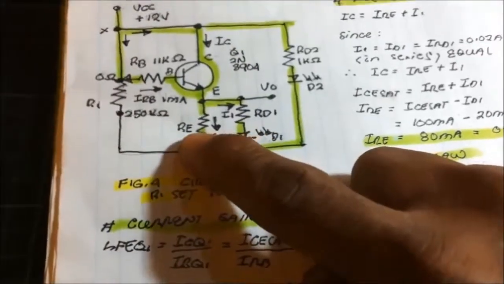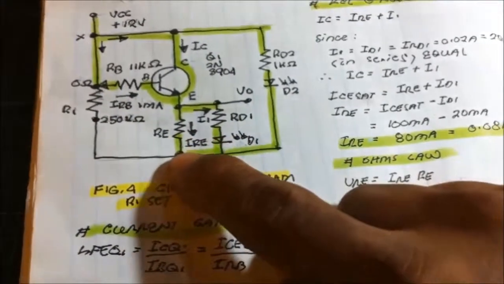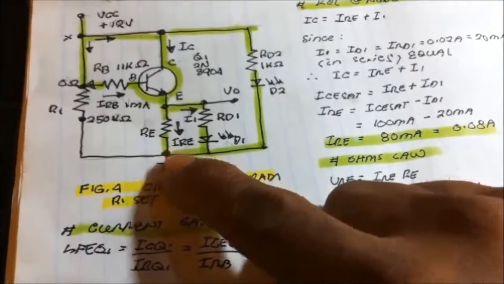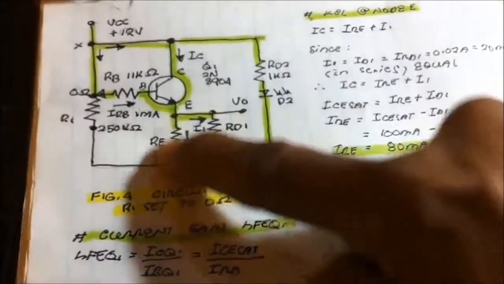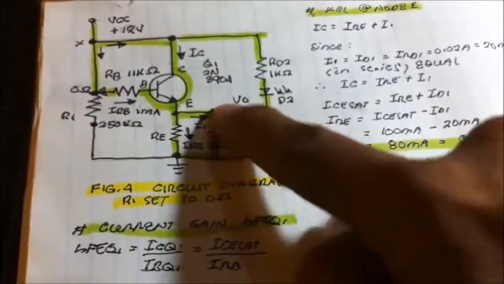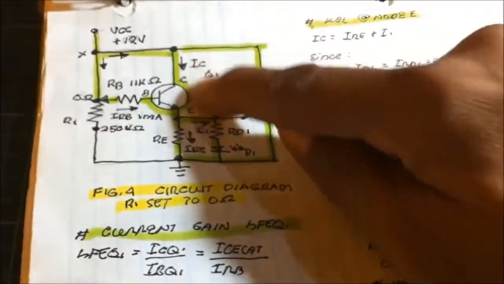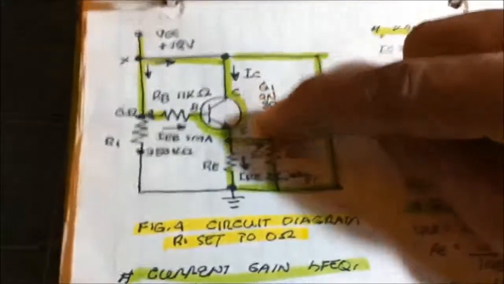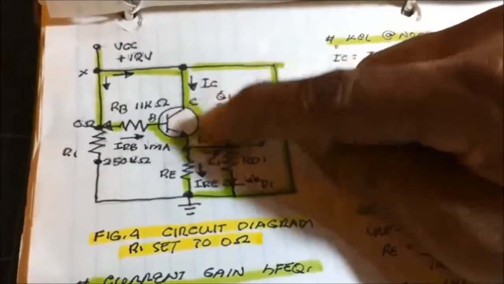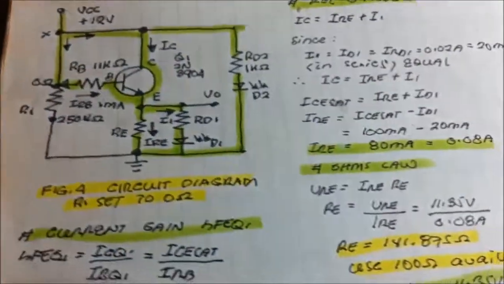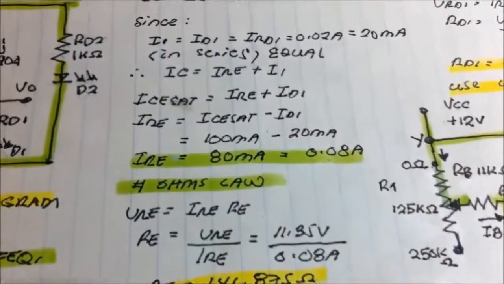So the current that flows into the emitter resistor is 80 milliamperes. We have 80 milliamperes here and 20 milliamperes in the load, because we are supplying 100 milliamps.